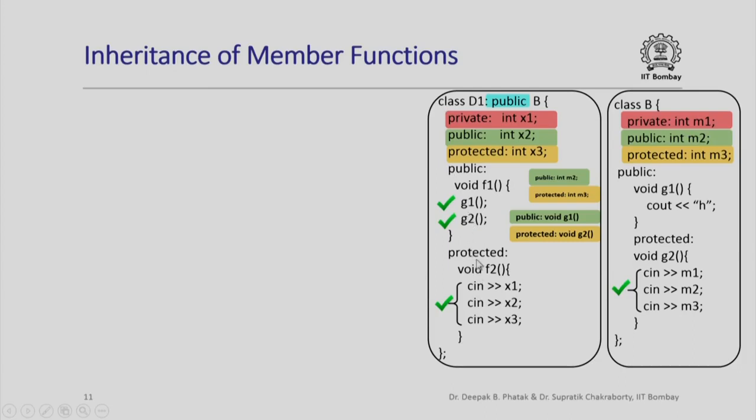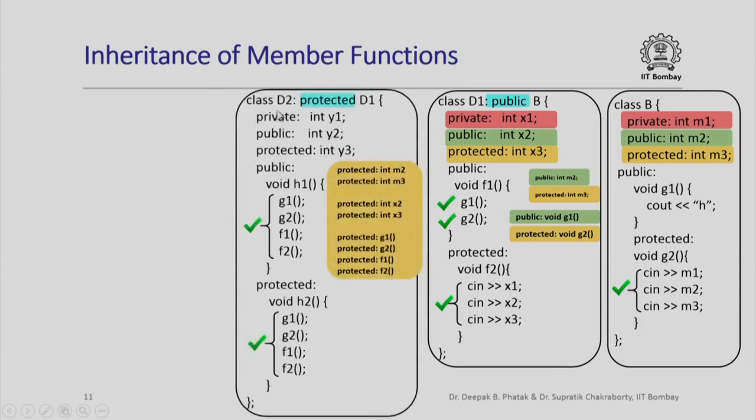Here is a protected member function of the derived class D1 and it is trying to access the data members x1, x2, x3 already defined within the derived class D1, so this is not a problem. Now here is another derived class D2 and in this case it is actually derived from the class D1 which in turn was derived from the class B.